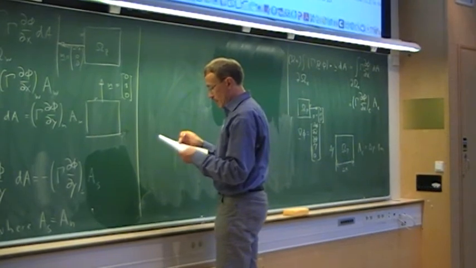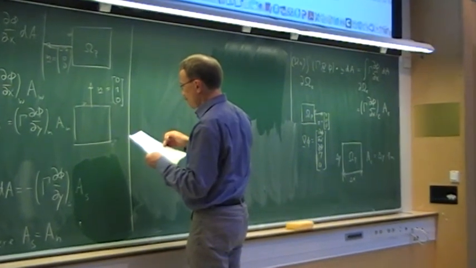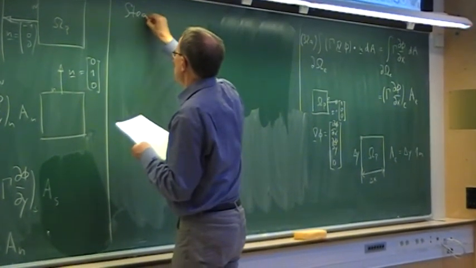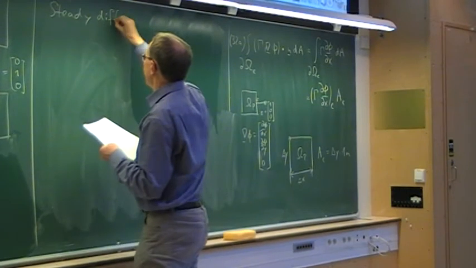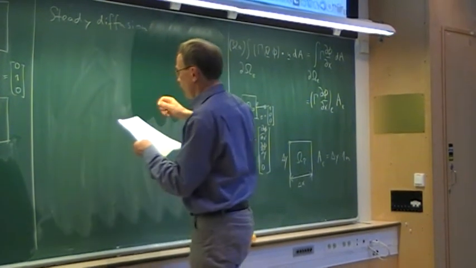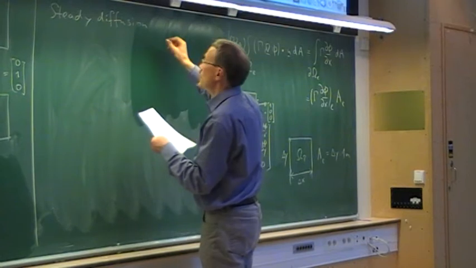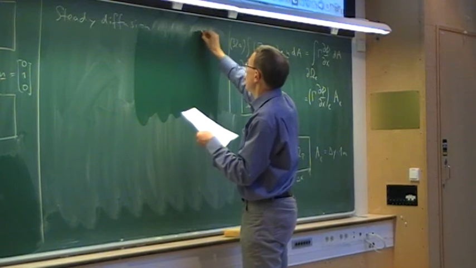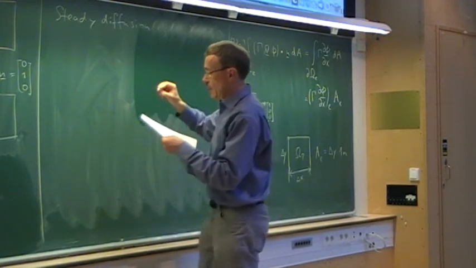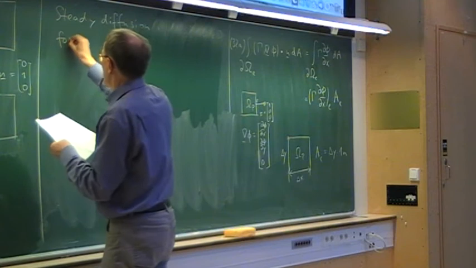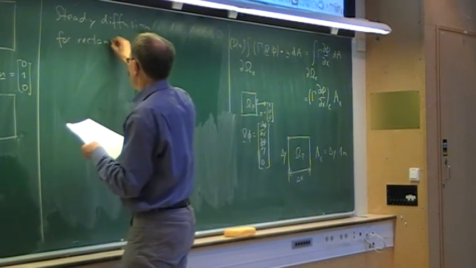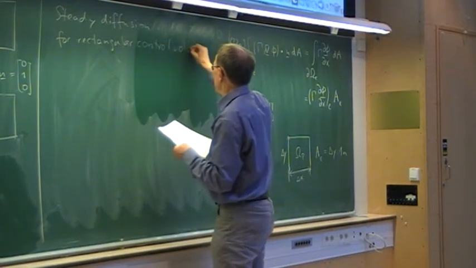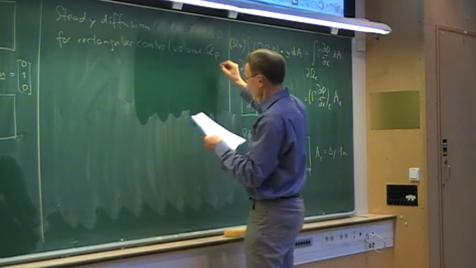So that means the steady diffusion equation 3 in 2D for a rectangular control volume omega p.